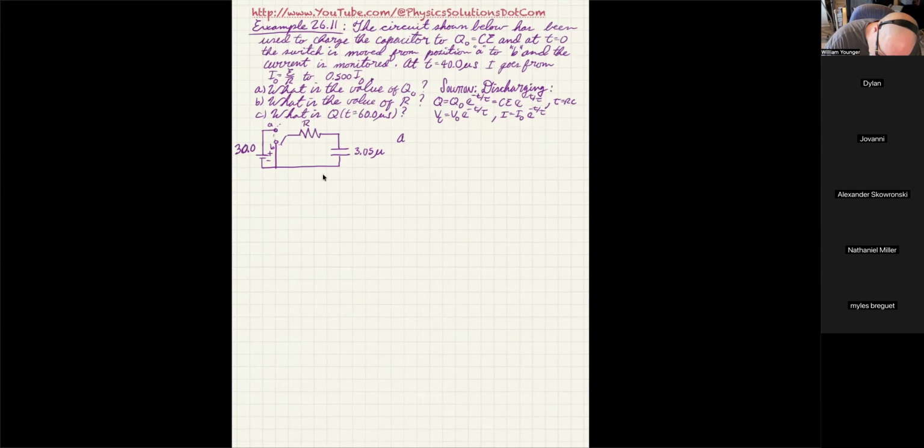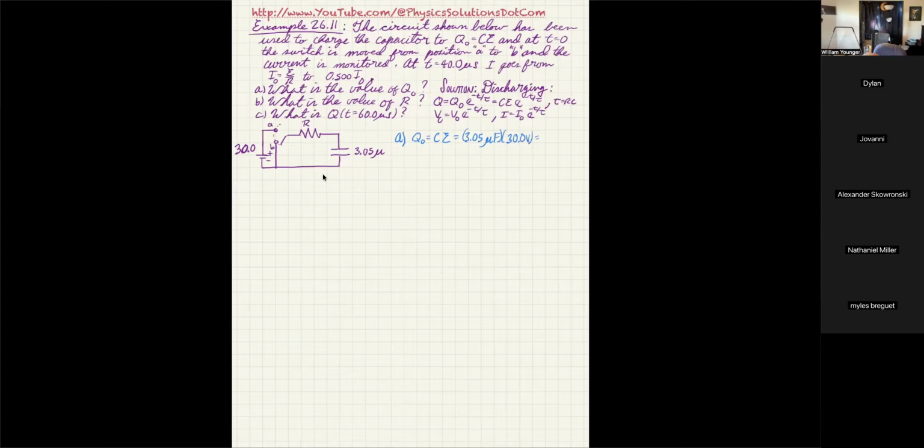Actually, I do like writing in a different color for the solution, so I'm going to do that again. What is the value of Q0? What we know is Q0 is equal to C times E. We have the C and we have the E, so we should be able to figure out what that is. In fact, the C is 3.05 microfarads, and the voltage is 30.0 volts.